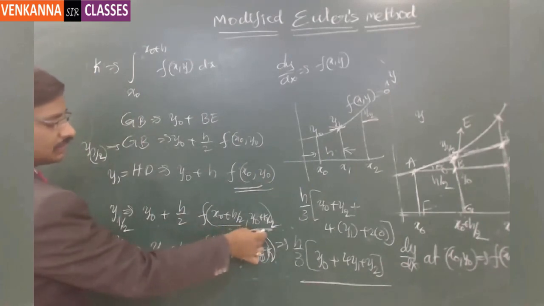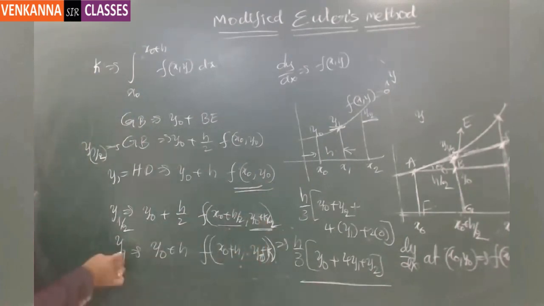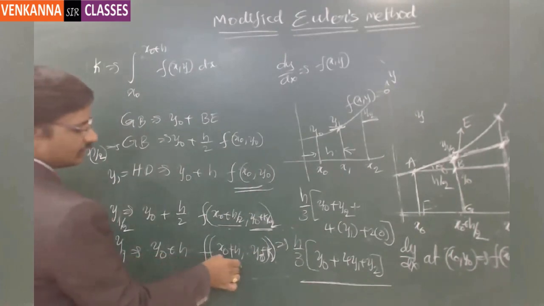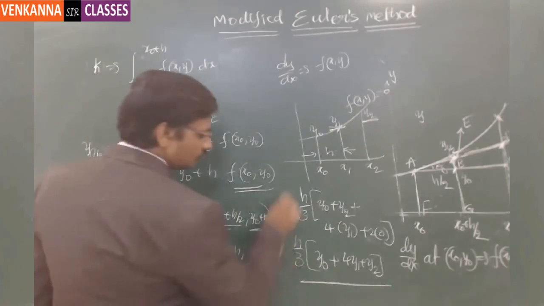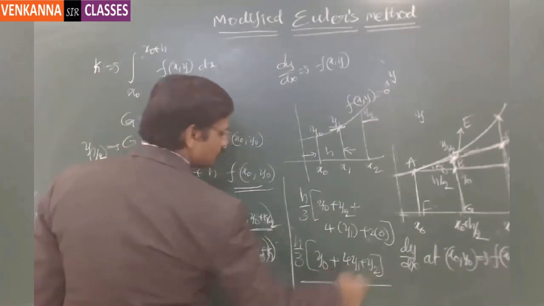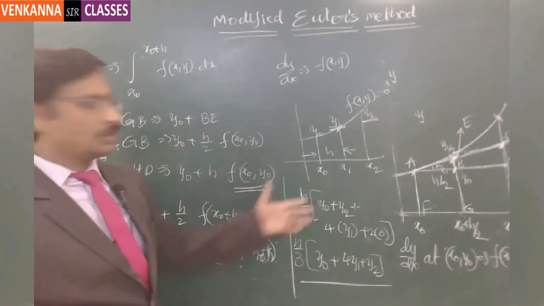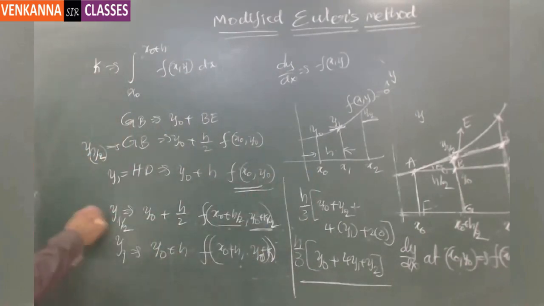Initially we have calculated the k value. And in the next one, y1 is equal to y naught plus h times f of x naught plus h comma y naught plus k. So these values you can use in the substitution of Simpson's one-third rule. Once you calculate these values, I call this k1 and this k2, and the initial value is k.